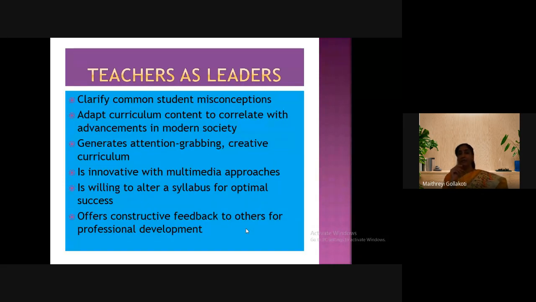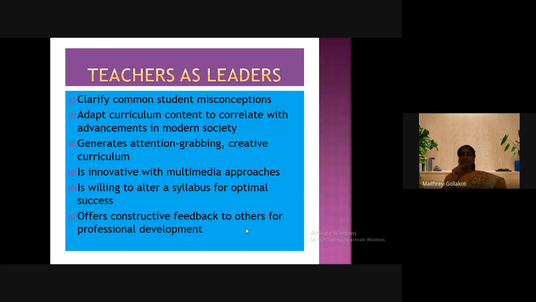Next is willing to alter a syllabus for optimal success. This, only to some extent we can do. As I have told, we don't have the right to change the syllabus, but definitely we can make little bit changes to make it work better for our students.